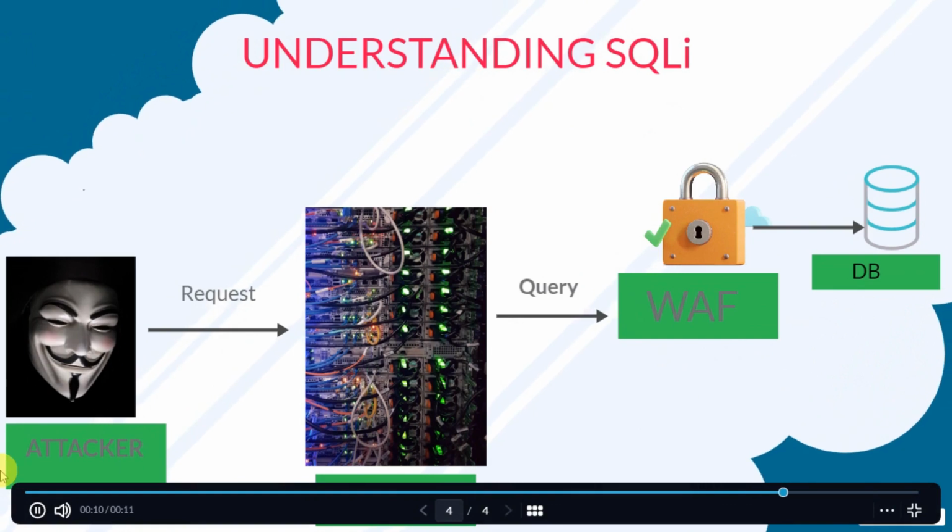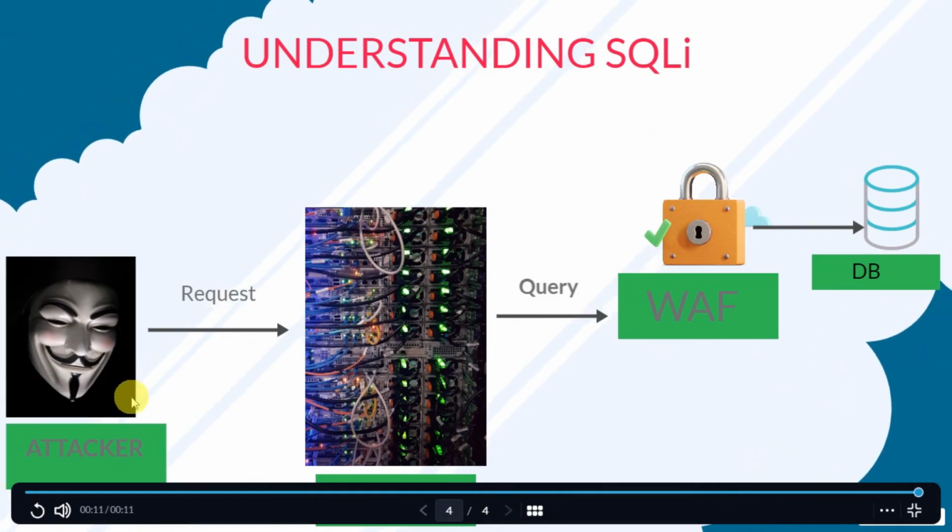In the case of an attacker, the attacker is interested in retrieving information from the database which is not authorized, I mean the confidential information like phone numbers, as I discussed before. So what the attacker will do is generate a malicious query.